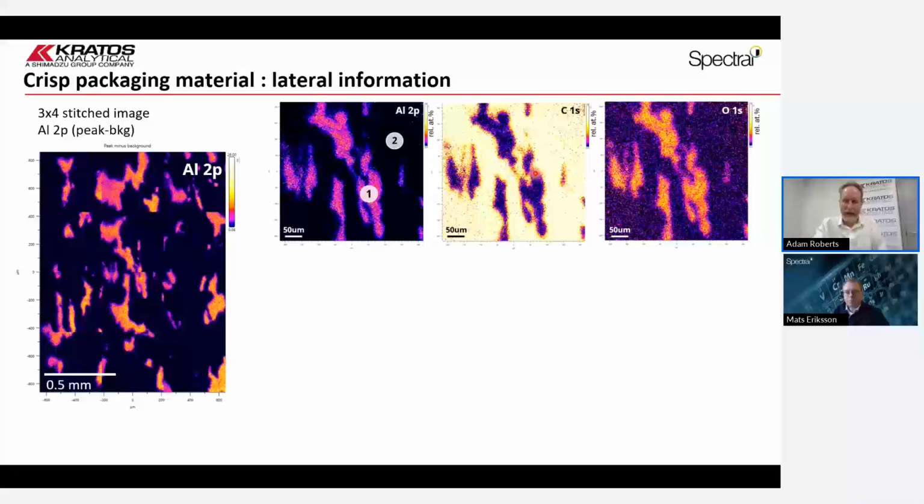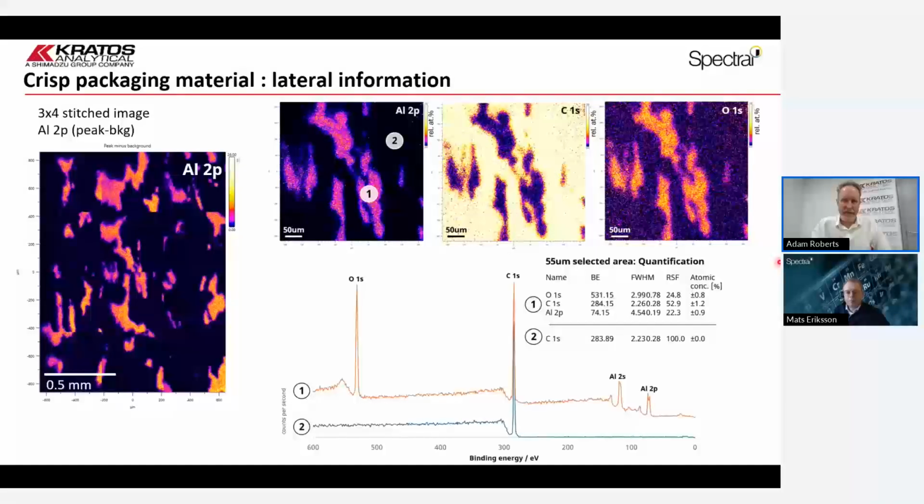So let's use the XPS to look in a bit more detail, so we can use selected area spectroscopy where we acquire data from only a 27 micron area from the two different areas that we've identified.